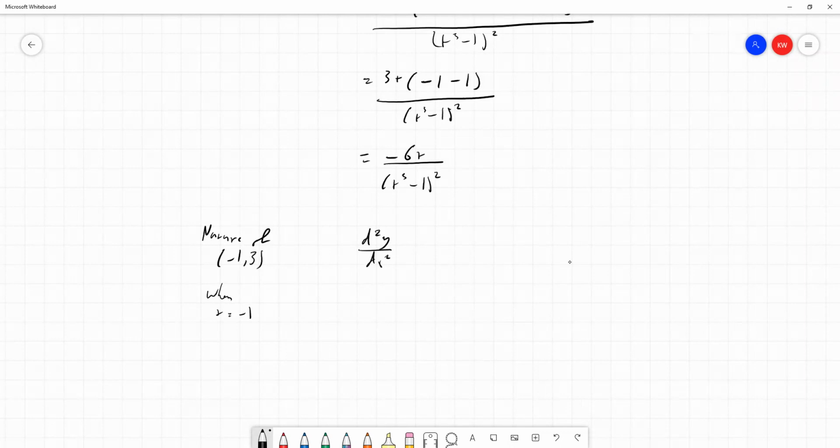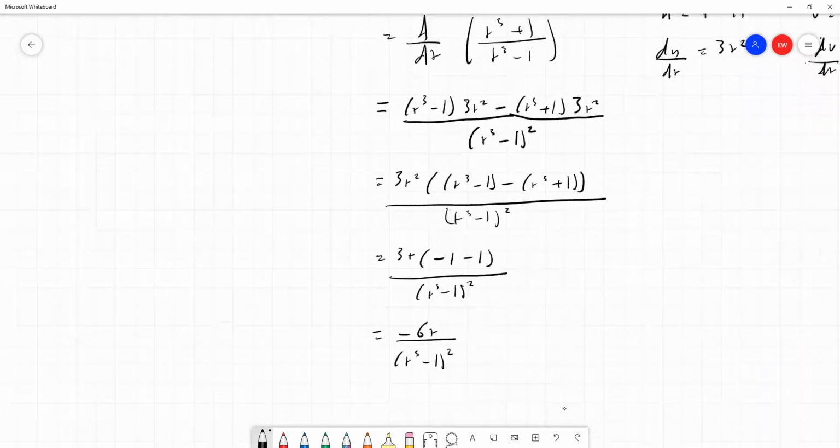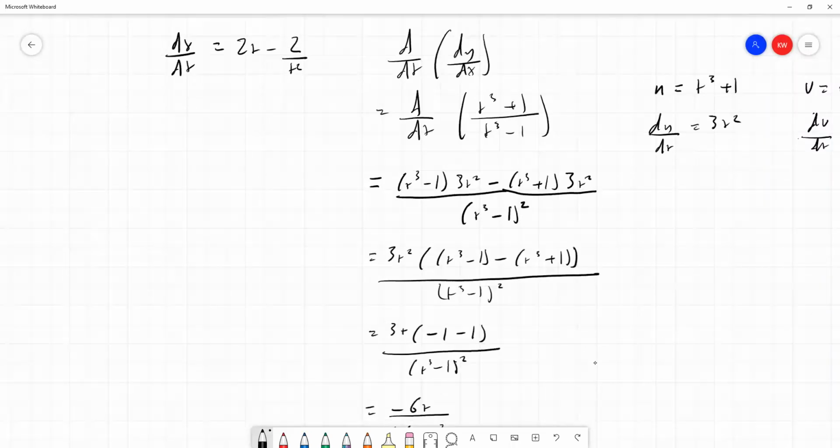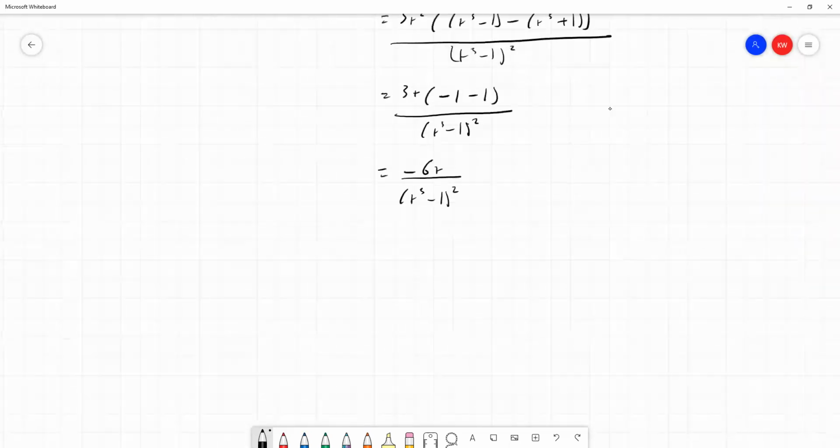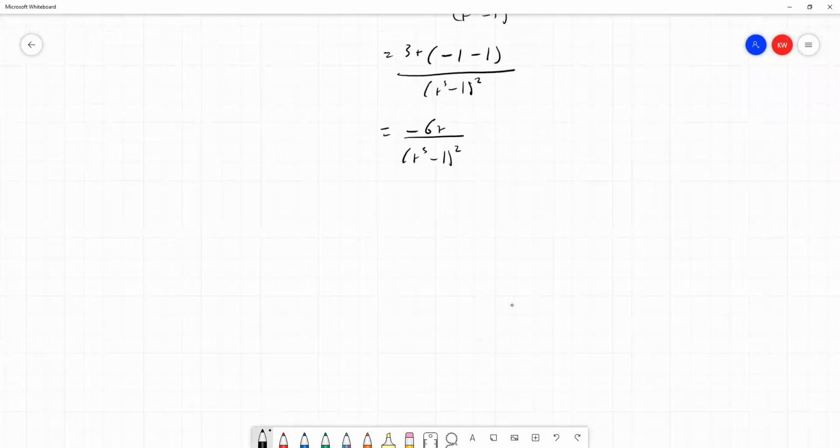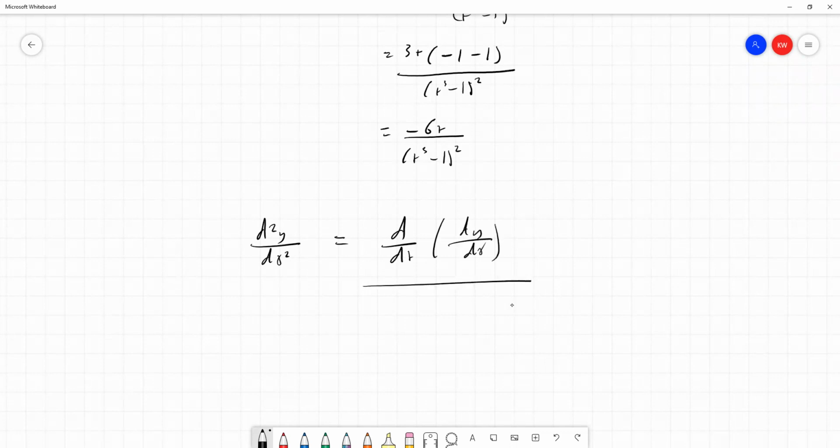Oh, getting ahead of myself. What I should be doing next is finding d squared y by dx squared, which is of course the value we just found, d by dt of dy by dx, divided through by dx by dt.